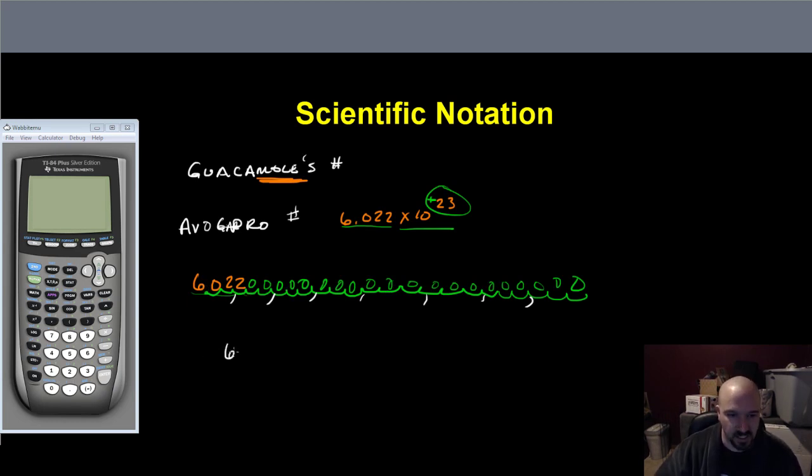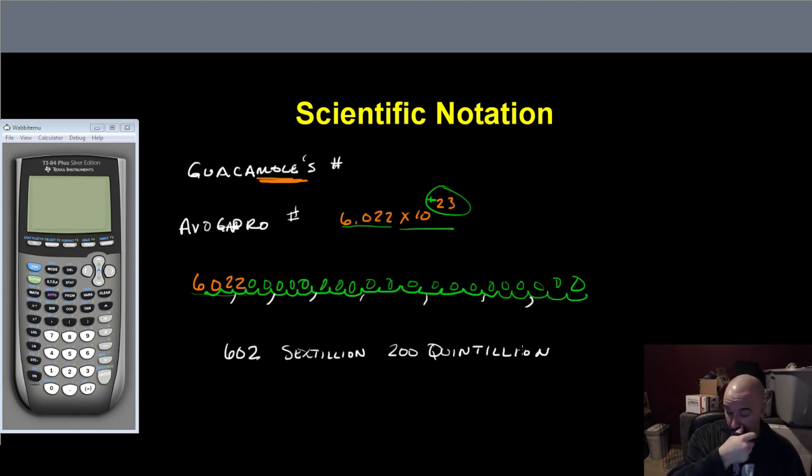So this is a 602 sextillion and 200 quintillion. Very important that you know the size of these numbers, because we don't want to work with them.